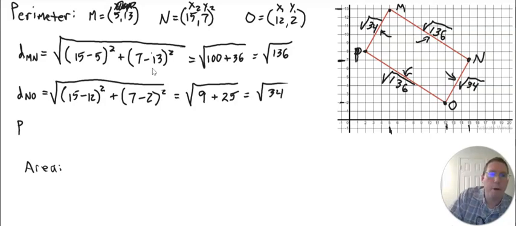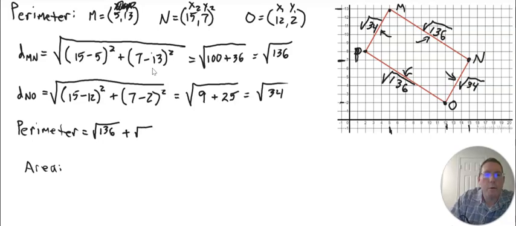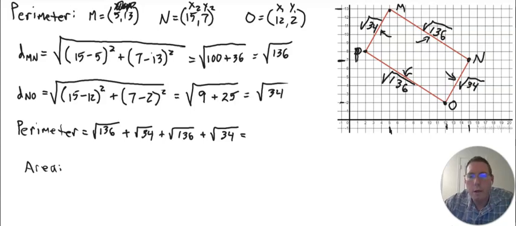The perimeter is just the sum of the four sides: the square root of 136 plus the square root of 34 plus, again, the square root of 136 plus the square root of 34. Now we're going to go over to the NumWorks calculator.